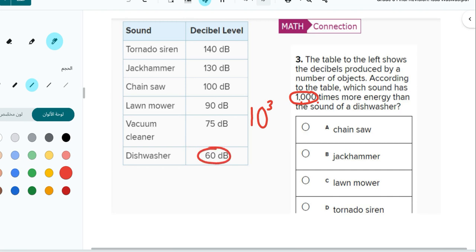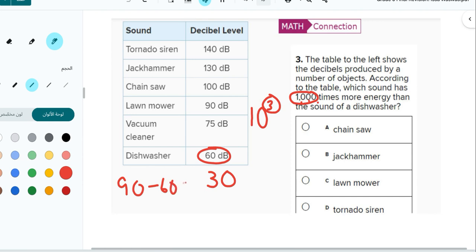So we're comparing a dishwasher. We would want something that is 30 decibels away, because we're going to now take that 3 times 10. So when we say 30 decibels away, we know that 90 minus 60 is going to be equal to that 30.